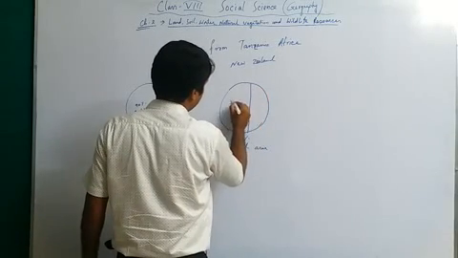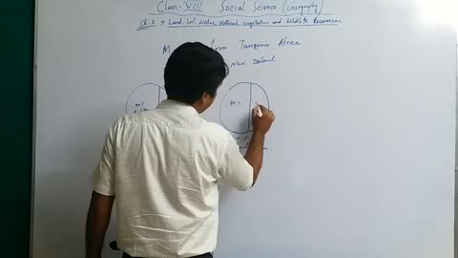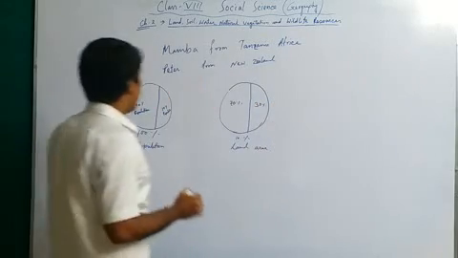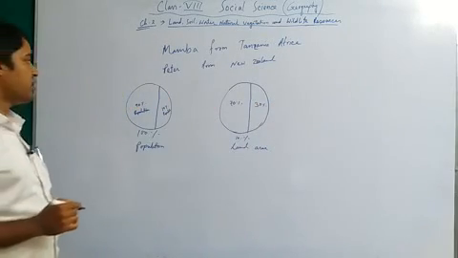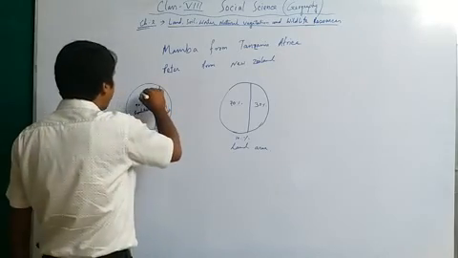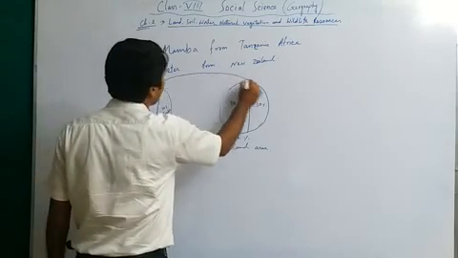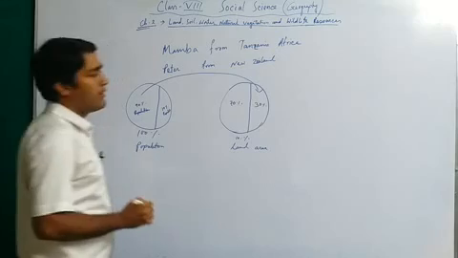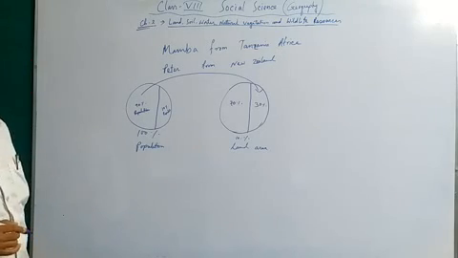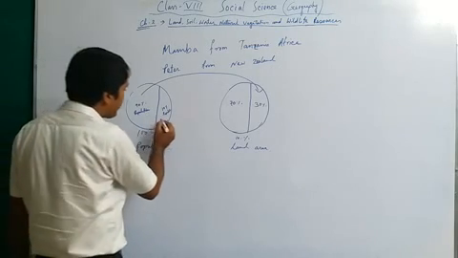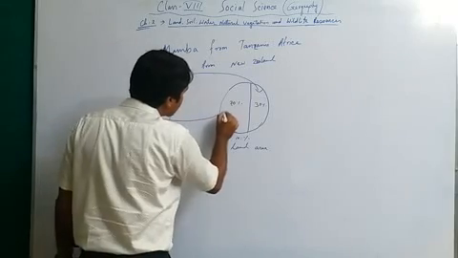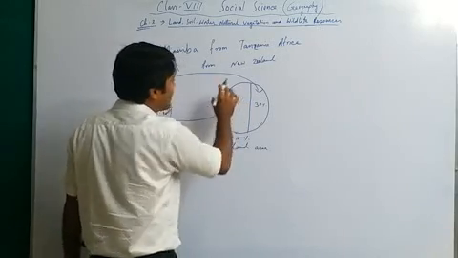This is 70%, this is 30%. Now the interesting fact is that of this 100%, 90% of the population lives on only 30% of the land area, and 10% of the people are scattered or spread over 70% of the land area.